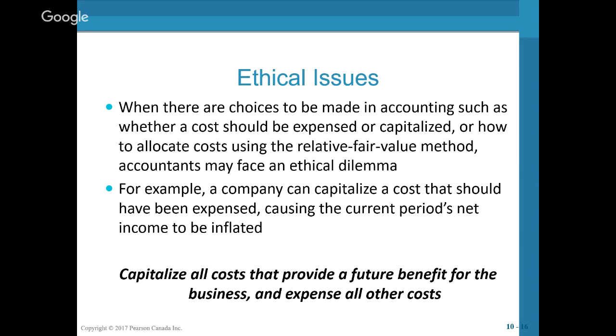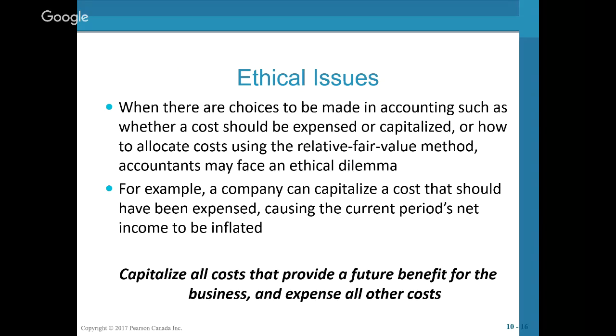Now, keep in mind that this gives some latitude to management to manipulate the price if they wanted to. A company could capitalize a cost that should have been expensed. When you capitalize something, you're putting it on the balance sheet and you're not expensing it right away. That makes your net income higher than it otherwise would have been.